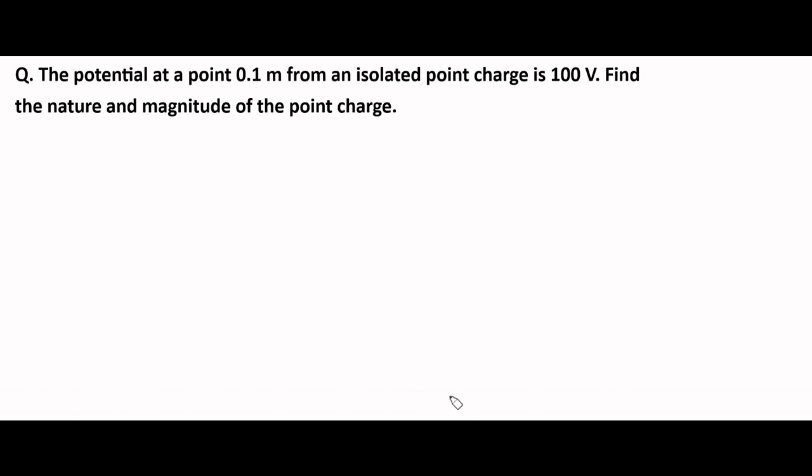So the situation is that we have an isolated point charge, and at a distance of 0.1 meters from it, the electric potential at this point is equal to 100 volt. Let's say this isolated point charge is Q, and this is the separation distance R.